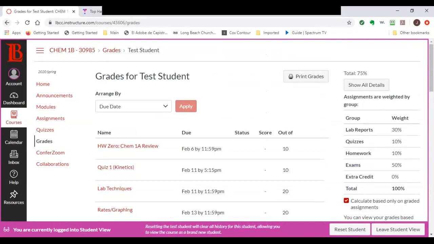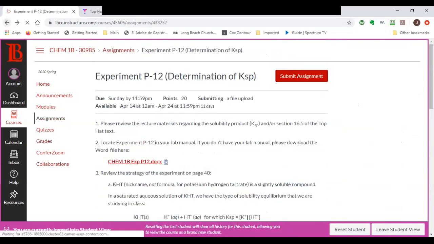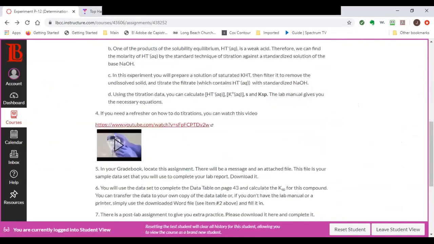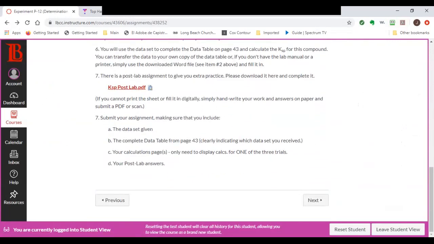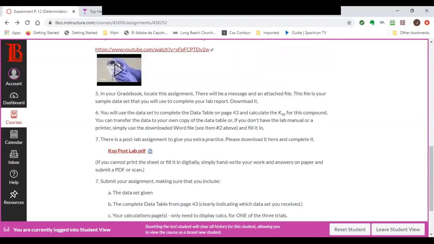Going back to the assignment, notice that at the bottom, it tells you where you'll submit. There'll be a data table, and you have to finish filling out the calculations pages. Now, you're doing 3 trials of a titration, so you only need to display 1 set of calculations. And there's also a post lab here.